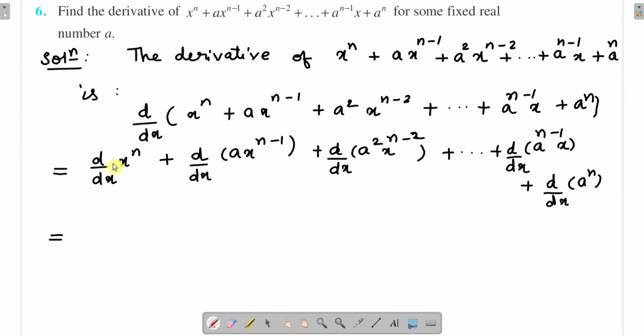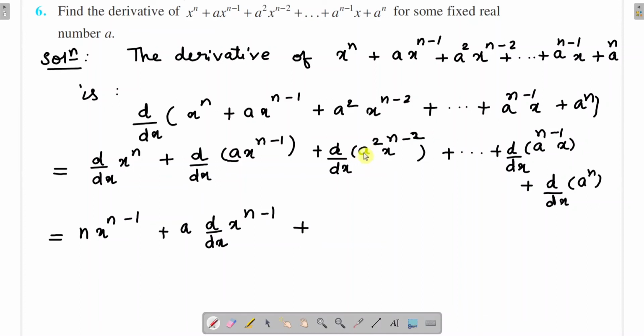Okay, so this will be equal to what? Now you know the formula for d by dx of x raised to n. It is the direct formula, that is n times x raised to n minus 1. Okay, then plus here what we have to do first, we have to take this constant out, right? A times derivative of x raised to n minus 1, right?